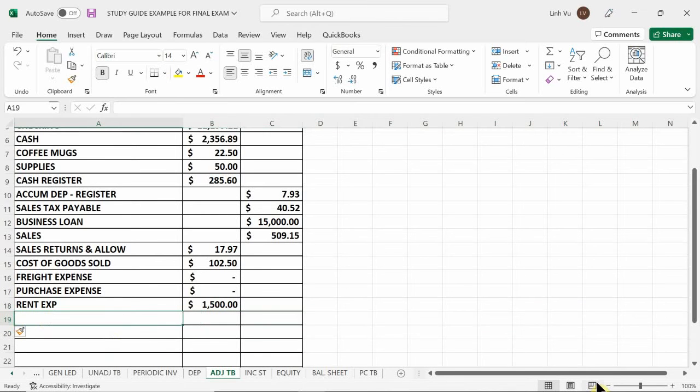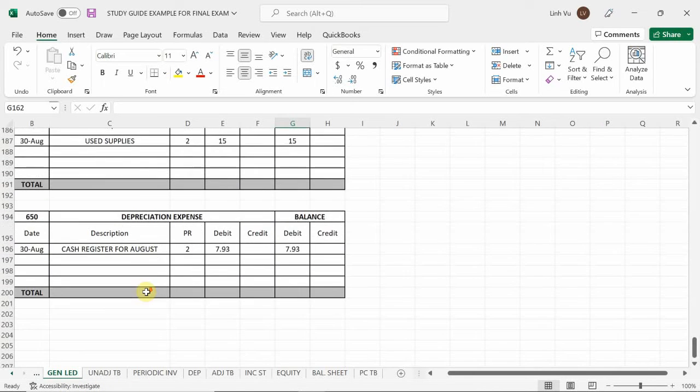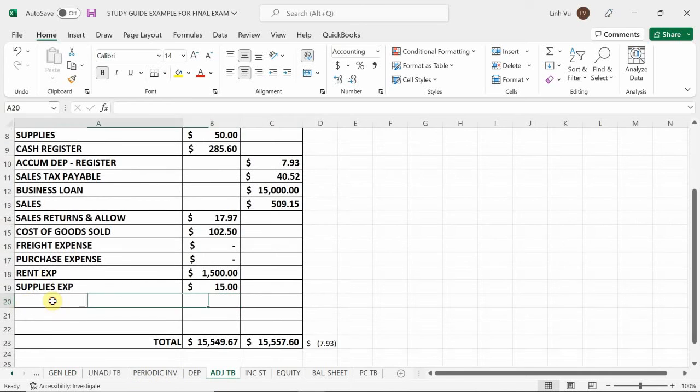Okay, so the first one is supplies expense for $15. And what else do I have in here? Depreciation expense. I got my depreciation expense for $7.93.